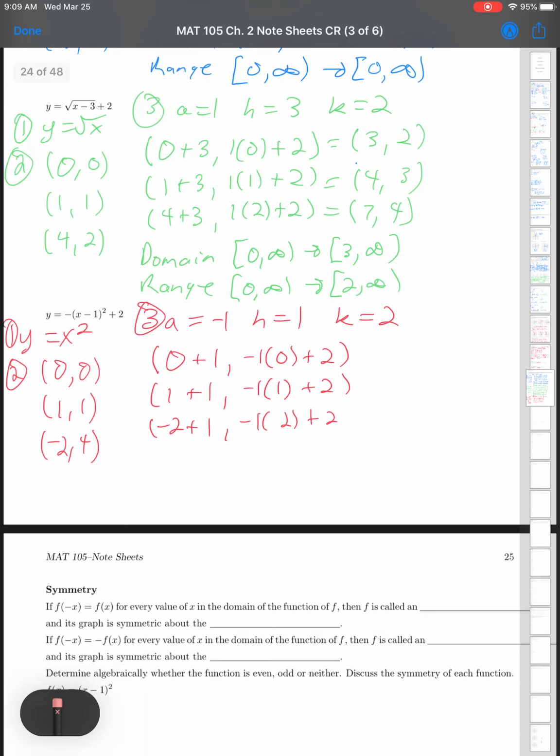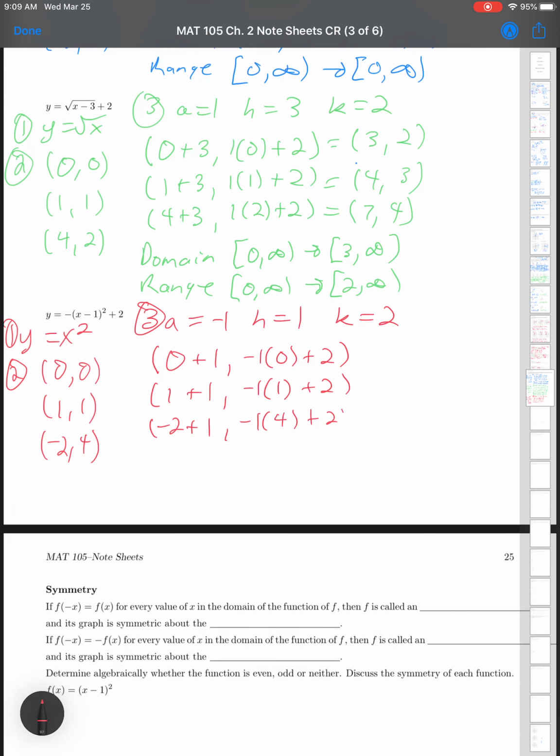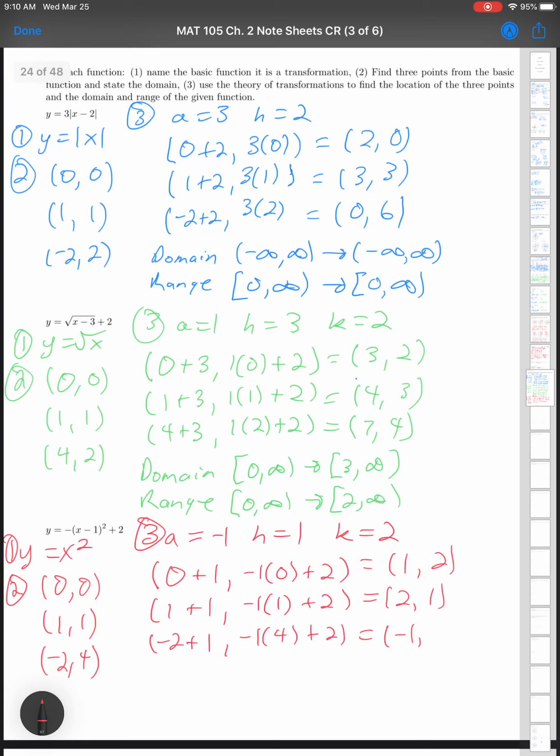Sorry, except I did that one wrong. This should be a 4. The y-coordinate gets plugged in here. So that's (1, 2), (2, 1), and (-1, -2).